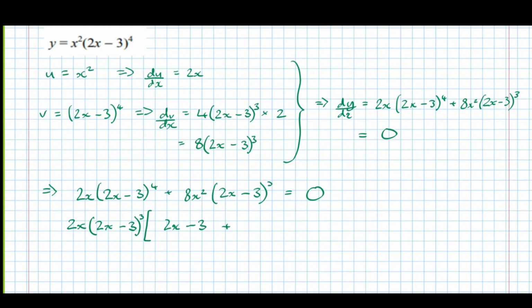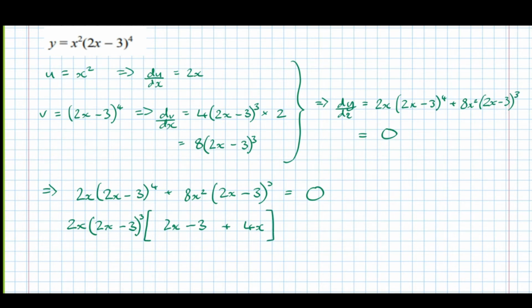Now I can see that here I need to get from 2x to 8x squared, so I need to times by 4 and x to get 8x squared. And I've already got the correct number of 2x minus 3 brackets. I've got 3 and I need 3. So when I times that by that, I indeed do get 8x squared, 2x minus 3 cubed.